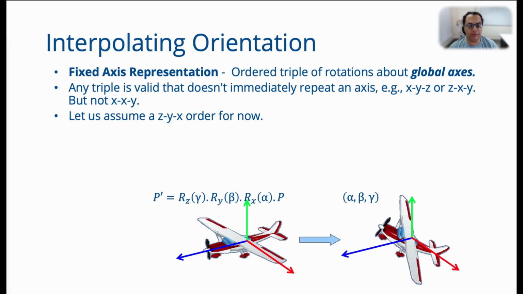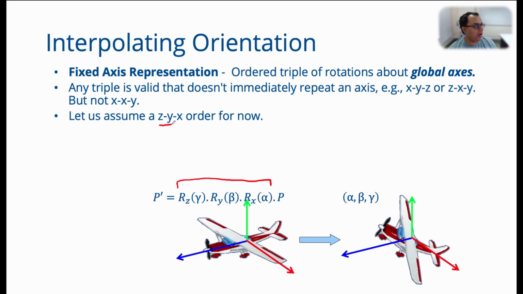If I represent the orientation of my object by a triplet alpha, beta, gamma, where alpha gives the rotation about the x-axis, beta gives the rotation about the y-axis, and gamma gives the rotation about the z-axis, and I say that the order in which my rotations will apply to my object point P is x, y, z, then this is the order in which my rotations are going to get composed.